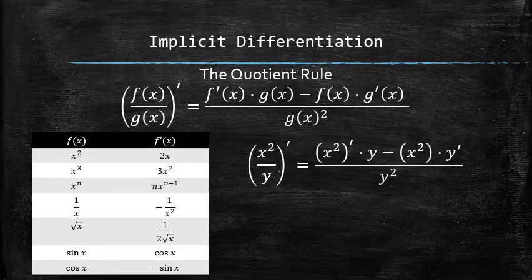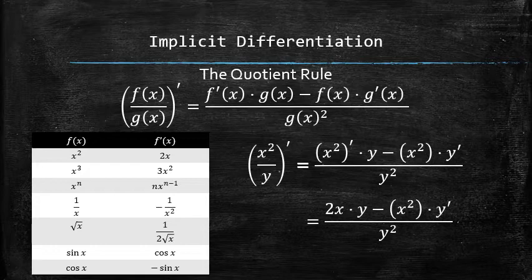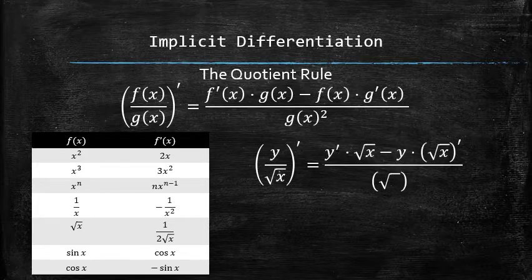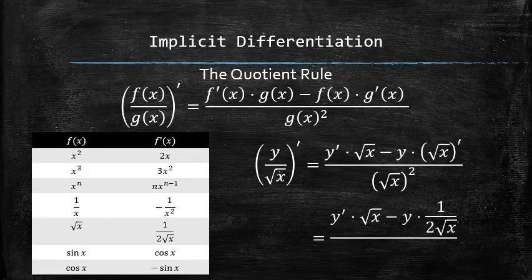Now, we can replace the derivative of x squared with its actual derivative, but since y represents an unknown function, we would have to keep writing its derivative as y prime. Here is another example. Applying the quotient rule, plug in the derivatives where we know them, and we got the derivative.